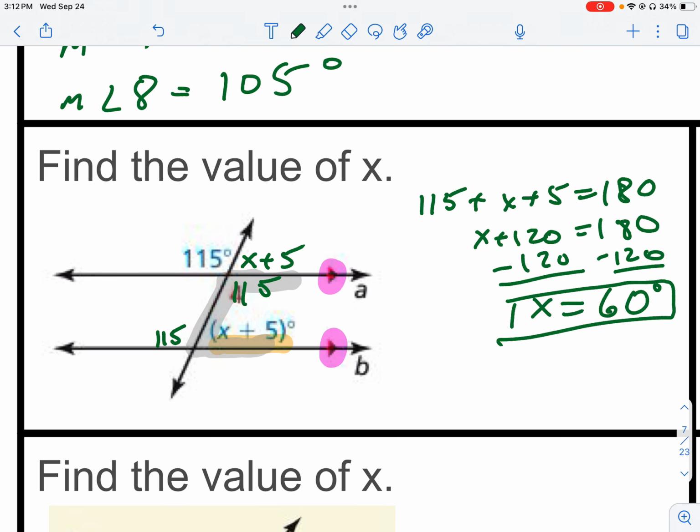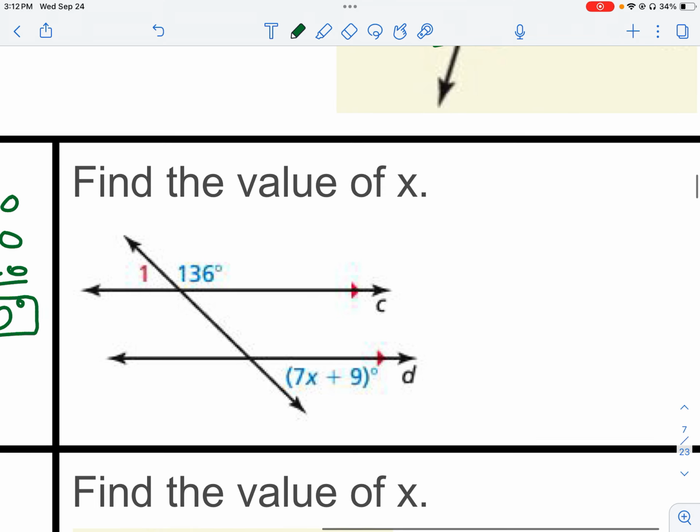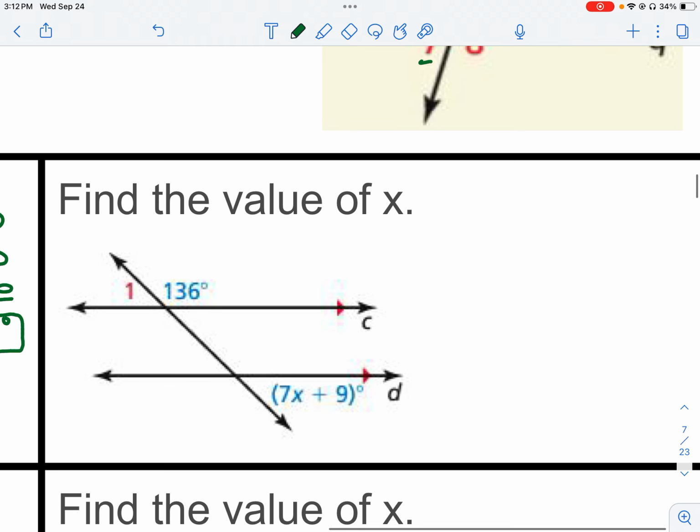And we can just take any legal combination and keep working. Let's find another one. Let's do the value of x here. So here, angle 1 and 7x plus 9 are alternate interior angles. So I could write this up here.